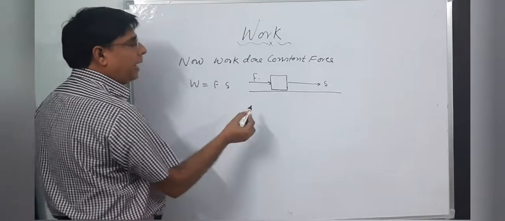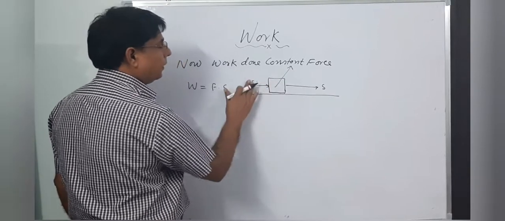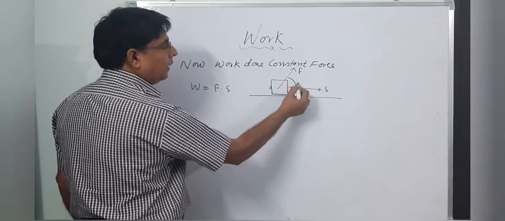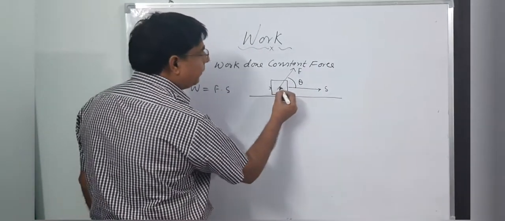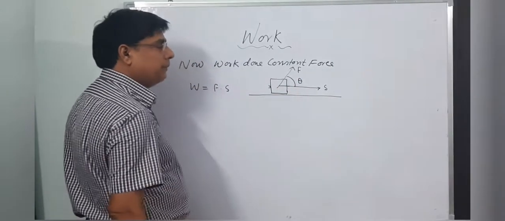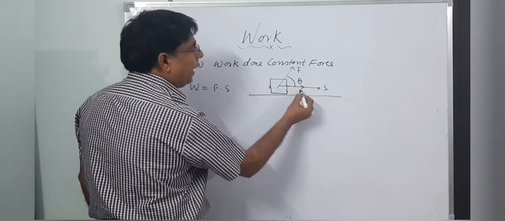But if we apply the force at an angle theta with the direction of displacement, then we take the component of this force in the direction of the displacement, that is F cos theta.